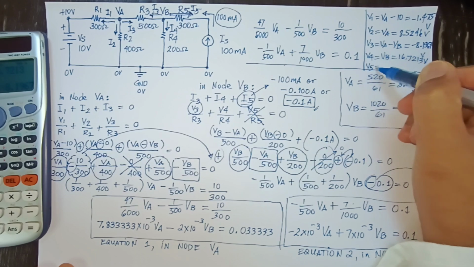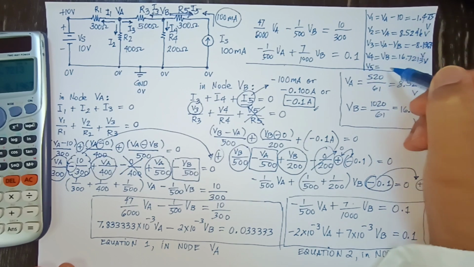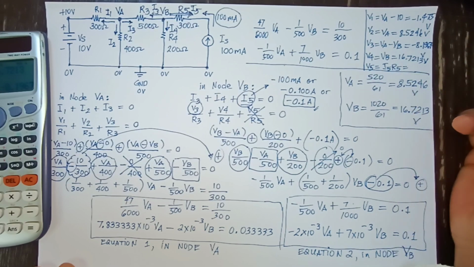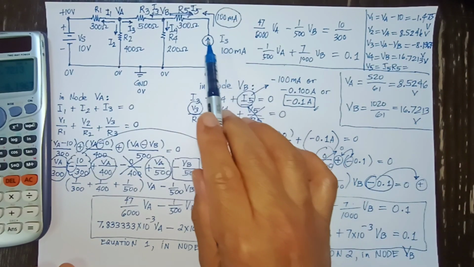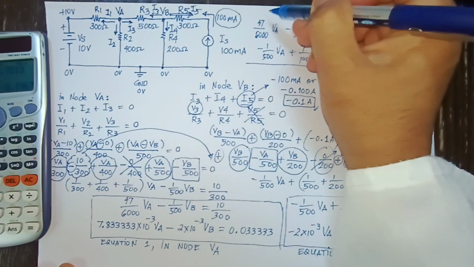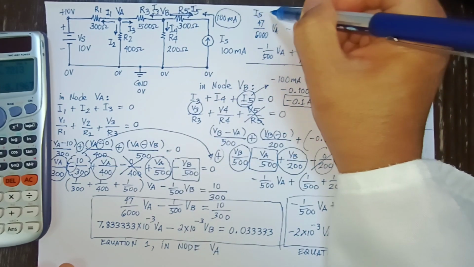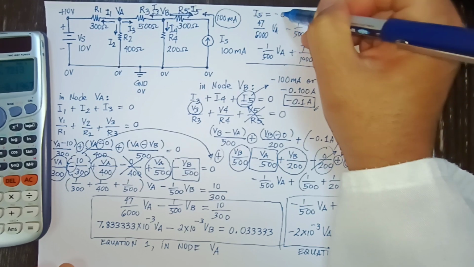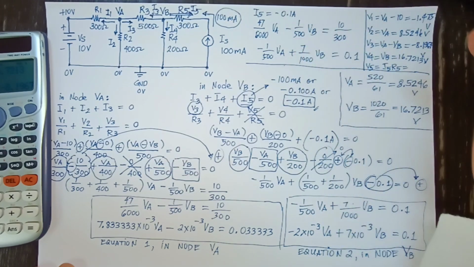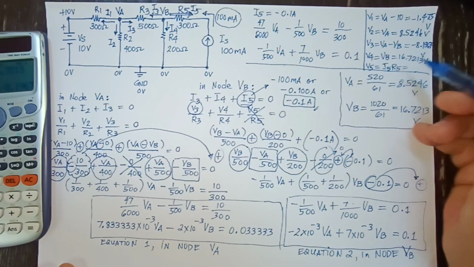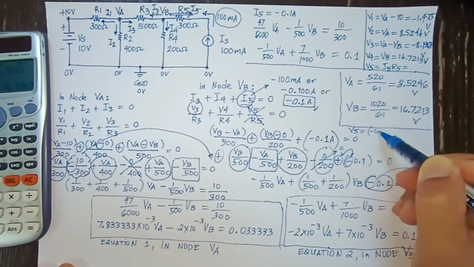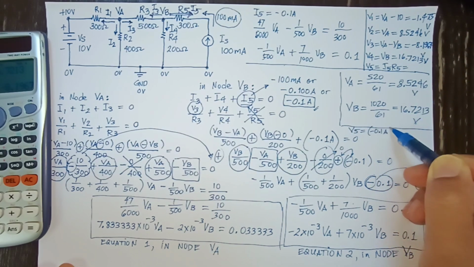And finally, we have V5 is equal to I5 R5 by using Ohm's law. Since we already know the value of I5, no need to do any subtraction or division, just multiply I5. But as you can see here, I5 is in the opposite direction of our actual source. So I'll be putting minus 0.1 amperes multiplied with R5, which is equal to 300 ohms.